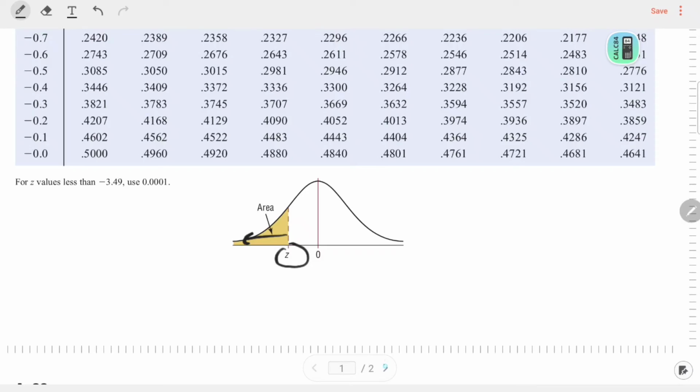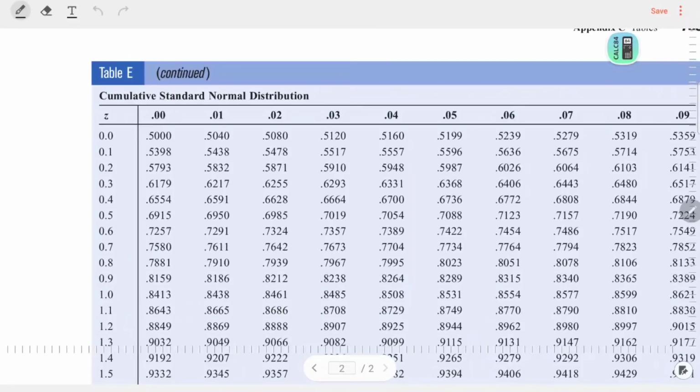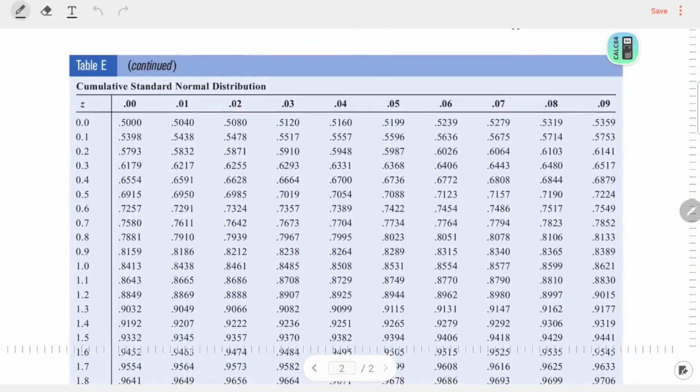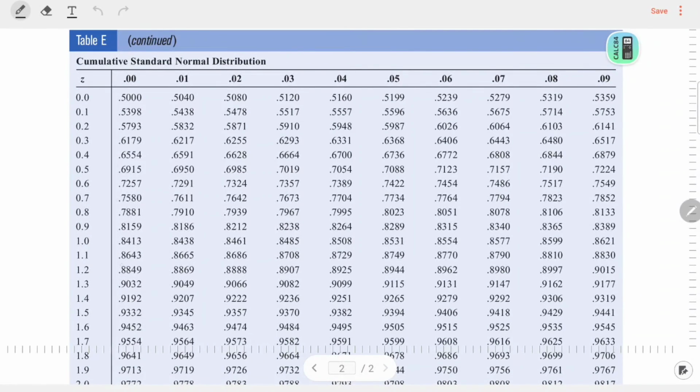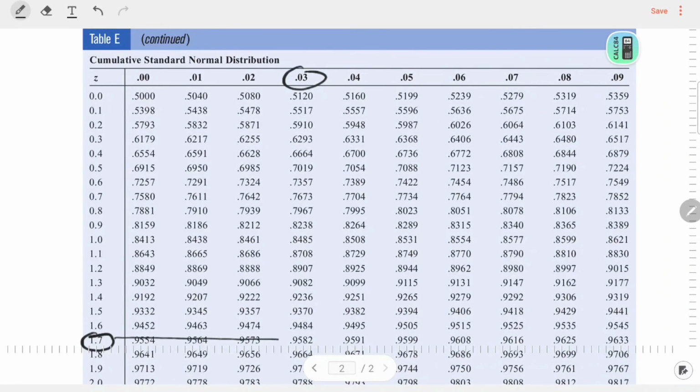It is a positive z-score, so we look at the positive side. 1.73. So we're going to go down to 1.7, move over to the 0.03, and that probability is 0.9582.